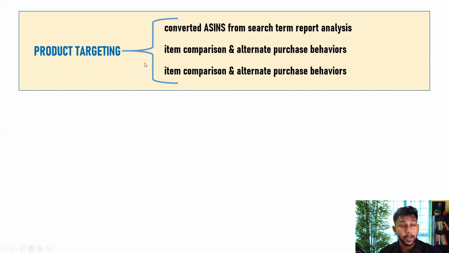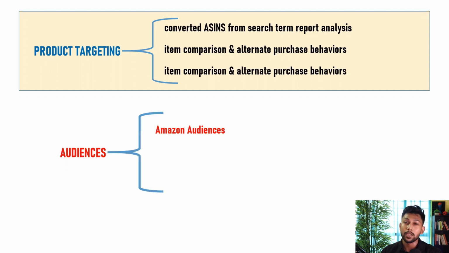Now there are some other targetings also, like audiences. There are some targetings inside audiences that I don't prefer using because we have got bad results with them, and they are very broad. Amazon audiences are the same as Facebook audiences, Facebook targeting. Amazon audiences basically ask you to choose based on interest, behavior, and so on, which is very broad.